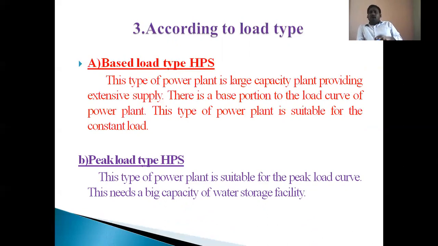That's why water should be readily available in the hydroelectric power station. That's why we use surge tanks and some ponds. These peak load hydroelectric power stations are built to be ready at any situation to meet the peak load demand on the power system. That's why they require a big water storage facility.